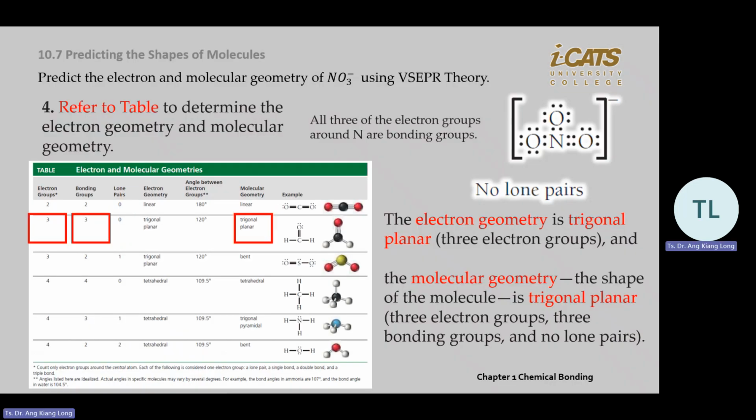Okay, if you look at this table, at what condition is electron geometry the same as molecular geometry? You see the pattern? This one is the same. Look at the numbers. What are the similarities? Here and here is the same.